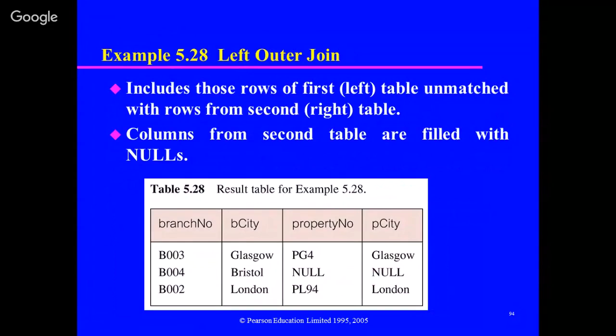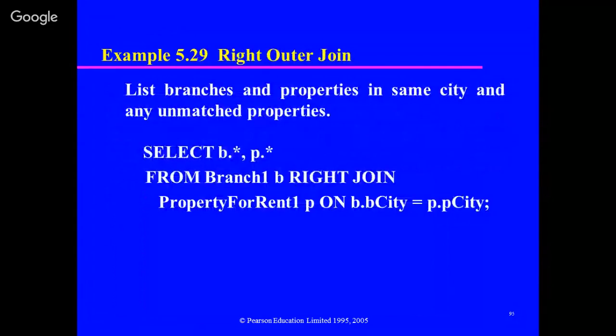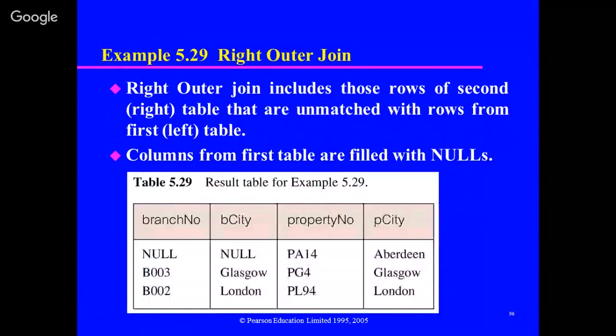So if I want to see Aberdeen in my output, I have to do the right join. Now you can see that PA14 Aberdeen shows up in my output, but there is no corresponding branch. So for all those attributes of the left table, I will show null values.